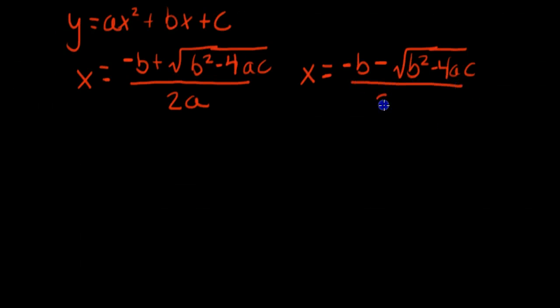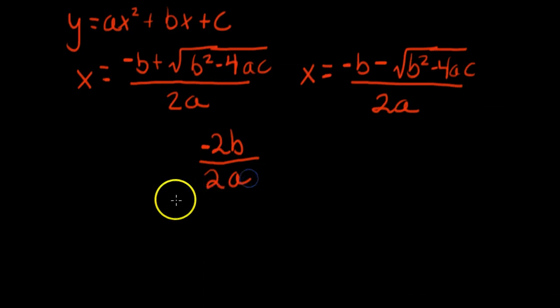And the other x-intercept is going to be x equals negative b minus the square root of b squared minus 4ac, all over 2a. So if we're taking the average, what we would do with these x-coordinates is add them together and then divide by 2. But when we add these together, the b squared minus 4ac is going to cancel out because we have a positive over here and a negative over here. So adding them together, we get negative 2b over 2a.